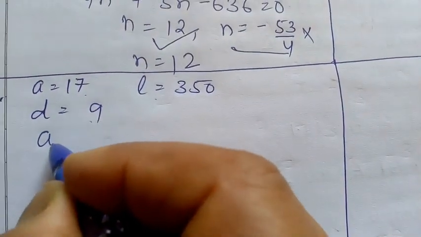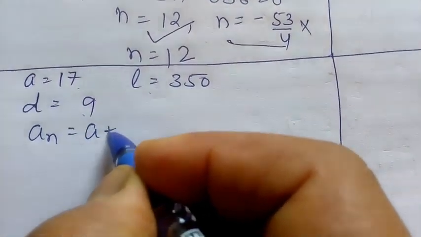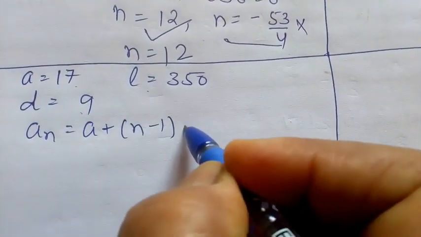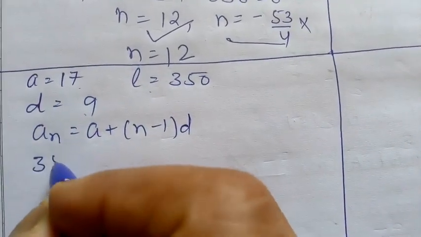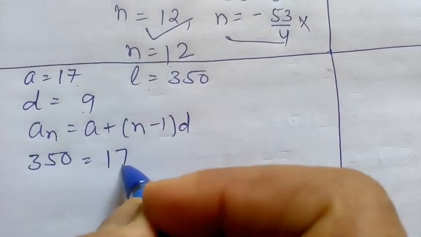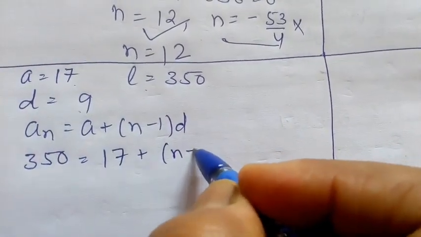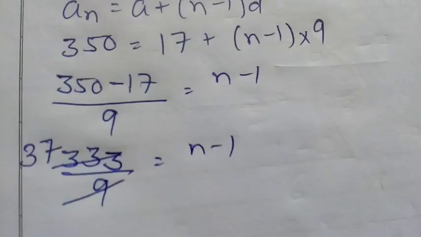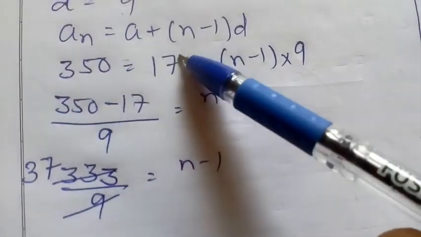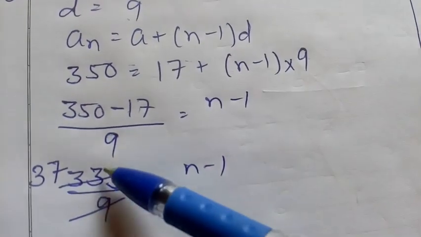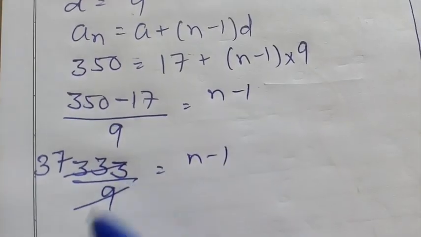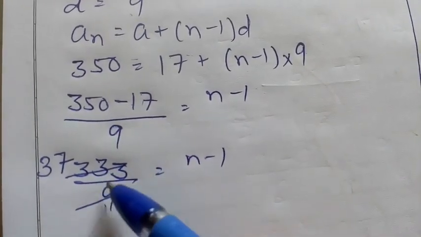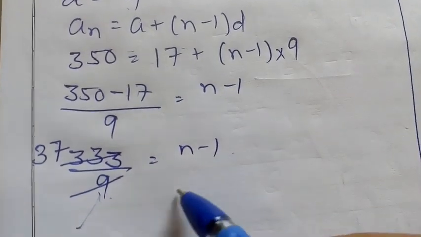By using formula an equal to a plus (n minus 1) into d, 350 equal to 17 plus (n minus 1) into 9. Solving this equation, 350 minus 17 divided by 9 equal to n minus 1. 333 by 9 is 37, n minus 1 equal to 37.